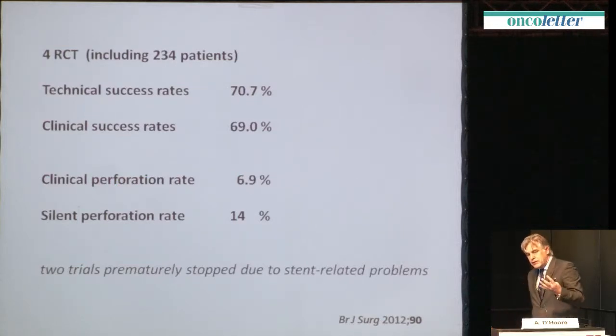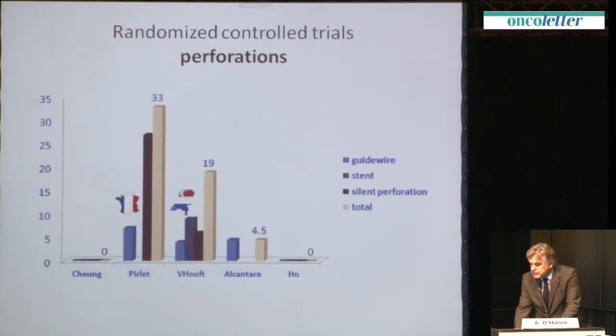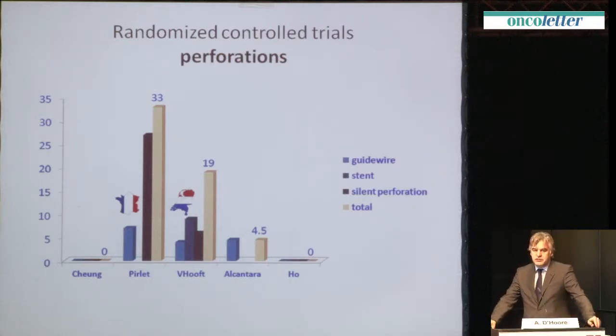And this, of course, will have a major impact on the ultimate oncological outcome of the patients. And 2 of the trials were prematurely stopped due to stent-related problems. Here I put the French trial and the Dutch trial, the Stent-in 2 trial, and you can see the percentages of perforations.